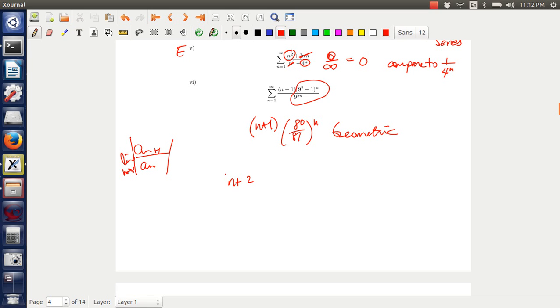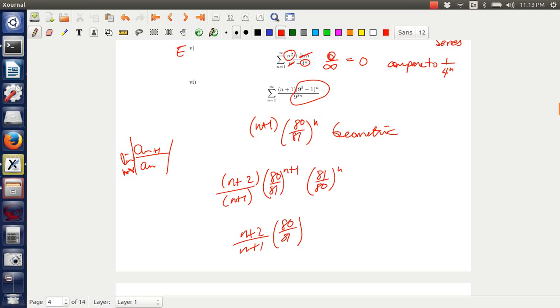And then that will be 80 over 81 to the n plus 1, divided by this mess. And then this would flip this around, I guess, to the n. Okay, so you have most of them canceling out, except you're going to get n plus 2 over n plus 1 times 80 over 81.